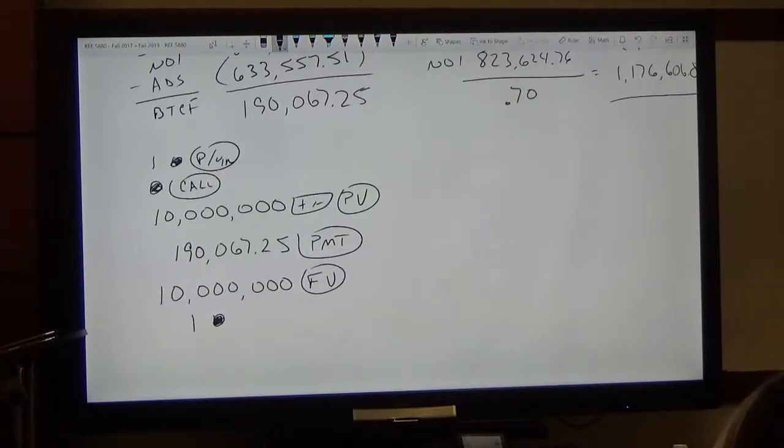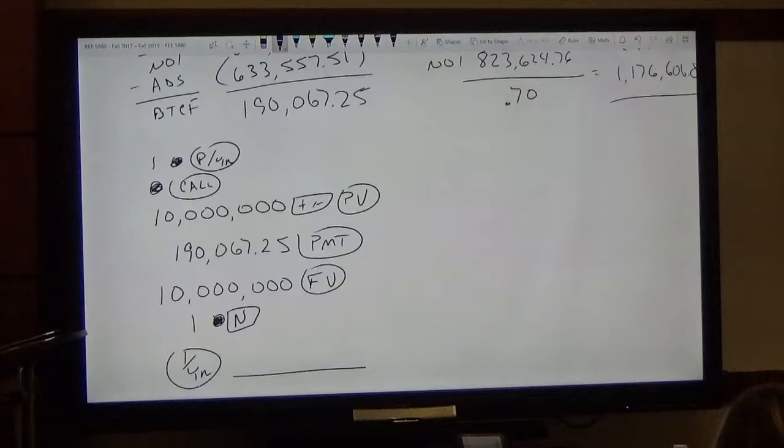Calculate what our return is over the course of that year. What do we pay for it? What do we have as an operating cash flow off the property on a before tax basis, and then we sell it for exactly what we pay for it. What is our rate of return?